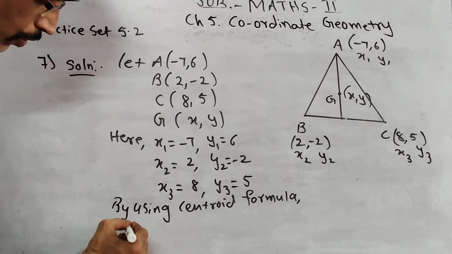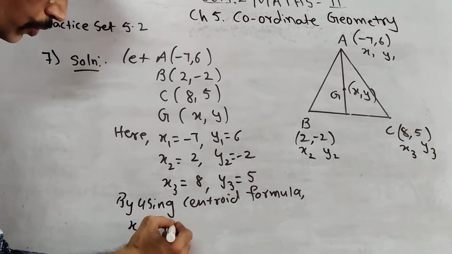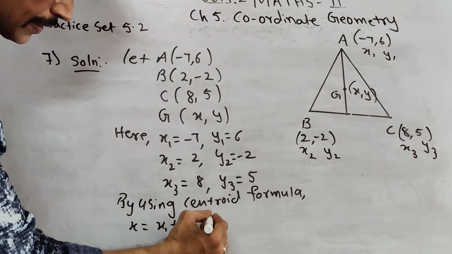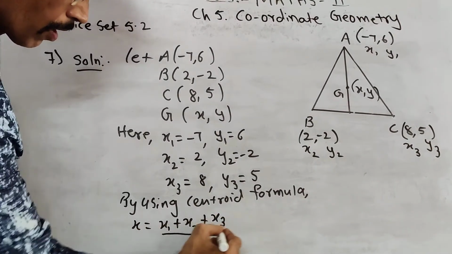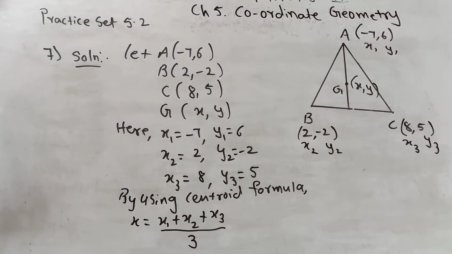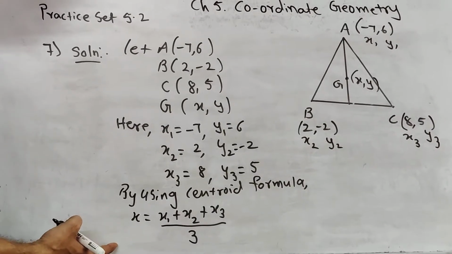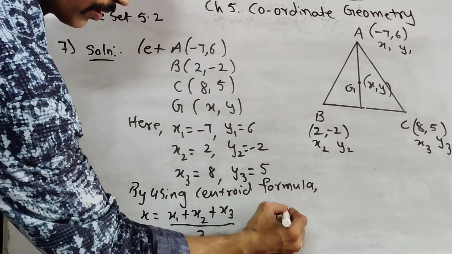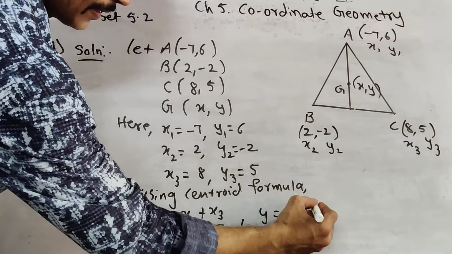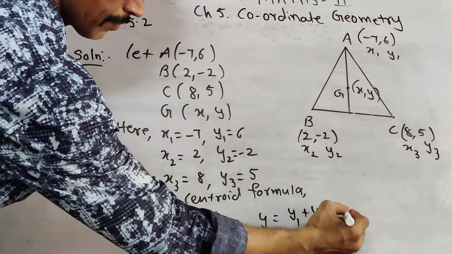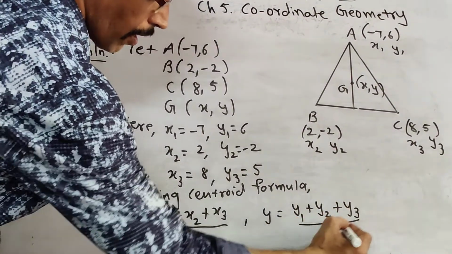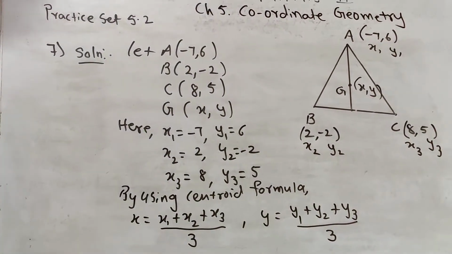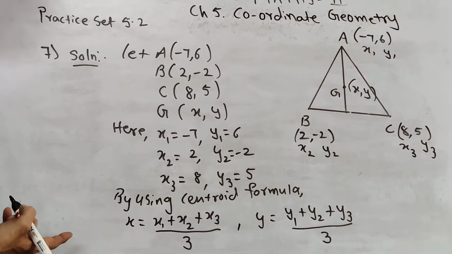So x is equal to (x1 + x2 + x3) upon 3, and y is equal to (y1 + y2 + y3) upon 3. This is again a simple formula for you.